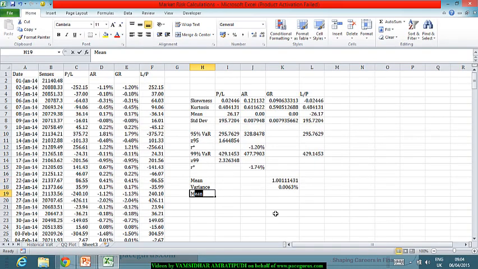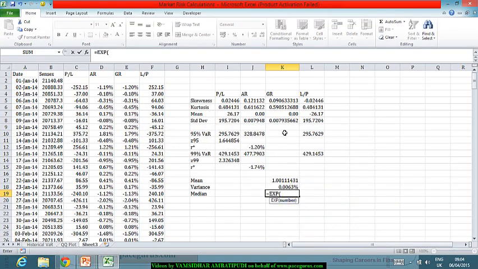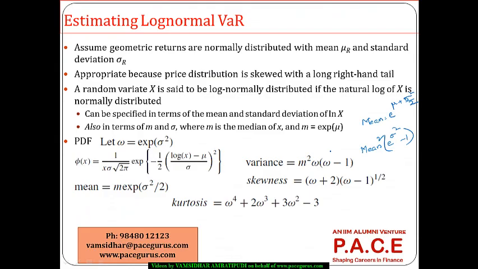And the median of the log normal distribution comes out as simply e to the power of mu. So mean is nothing but the median times, now you could see, you have seen that the median is e to the power of mu and the mean is e to the power of mu plus sigma squared by 2.